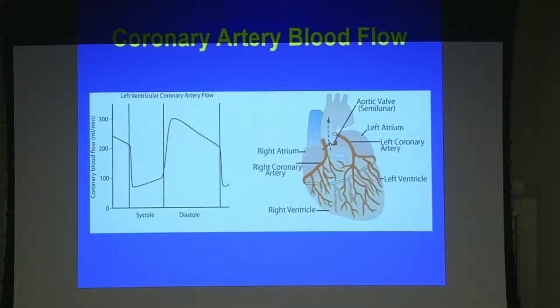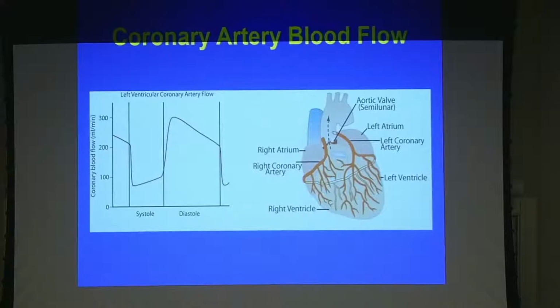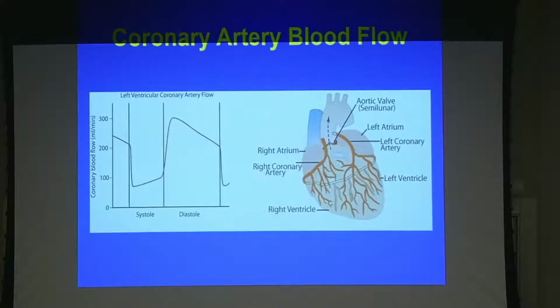Because they're squeezing shut the capillaries of the myocardium, you just can't force much blood through those tiny capillaries when they're closed. So it tells you that during systole, which is the time that we normally think of pumping blood through the pulmonary and systemic circuits, because that's when we're generating force by those contractile cardiomyocytes.